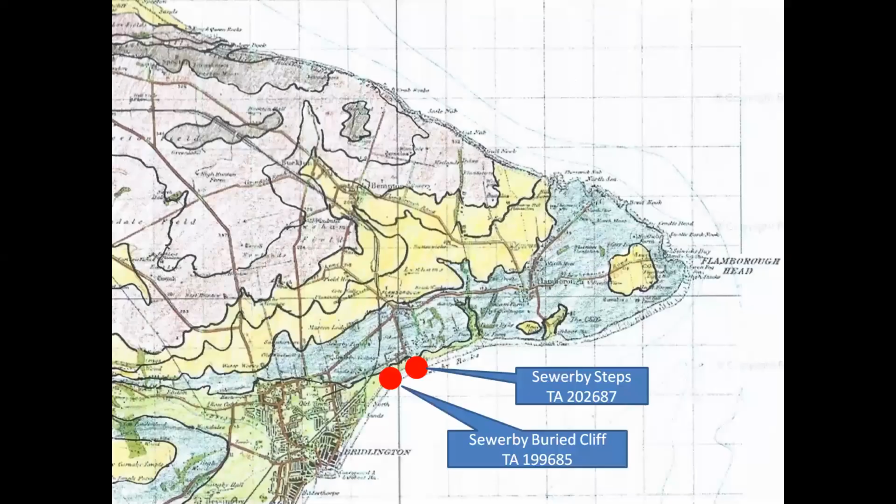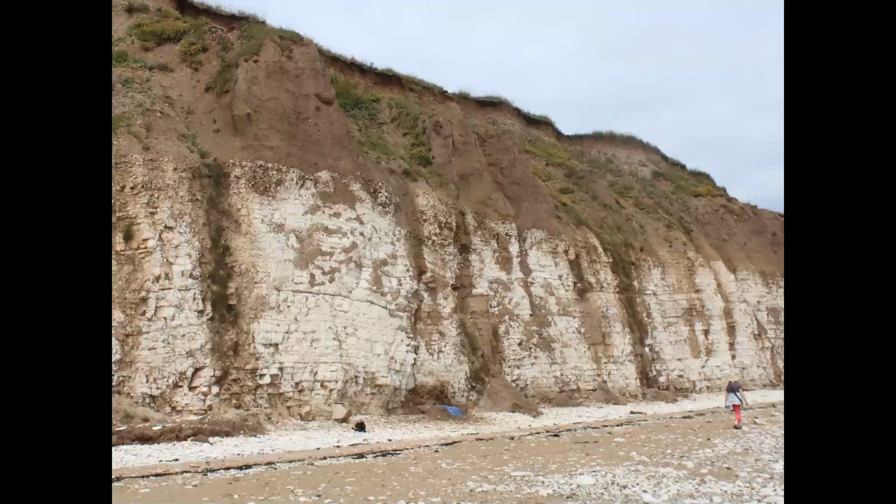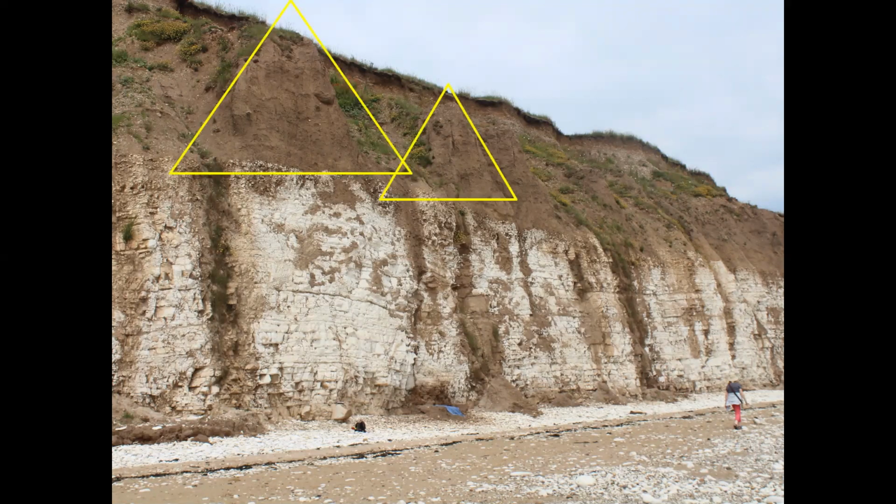Continuing past Sewerby steps towards our final locality at Sewerby Buried Cliff, we follow the chalk cliffs to a set of pyramid-shaped outliers of Skipsey Till, noting a very prominent thick marl seam.